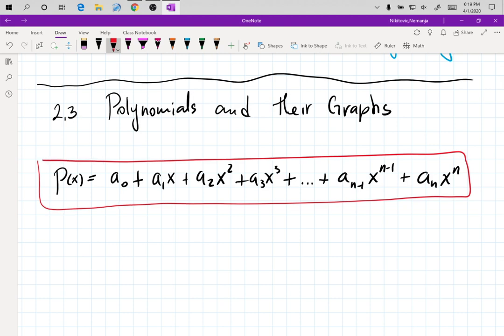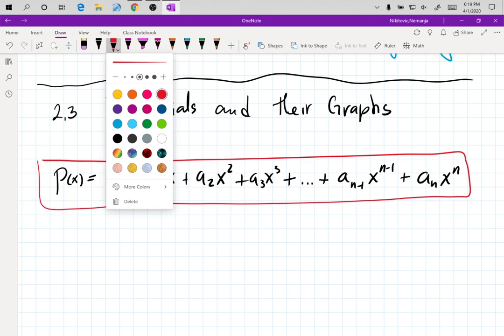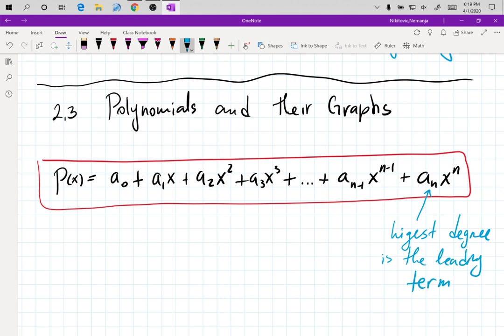Nice, there we go. And we said that the one with the highest degree is the leading term. So I need blue. There we go. Highest degree is the leading term.